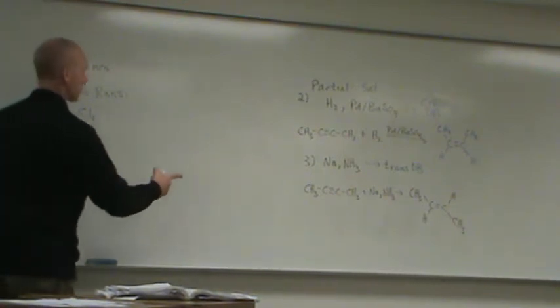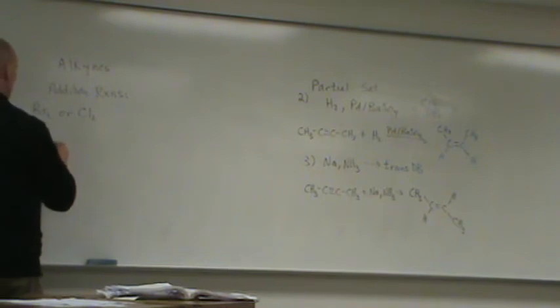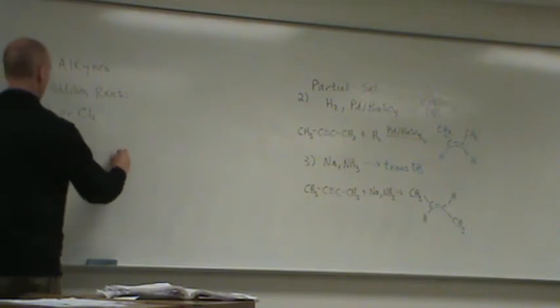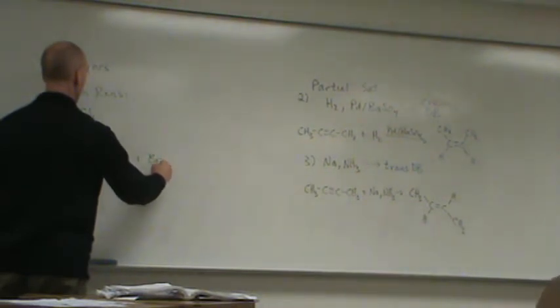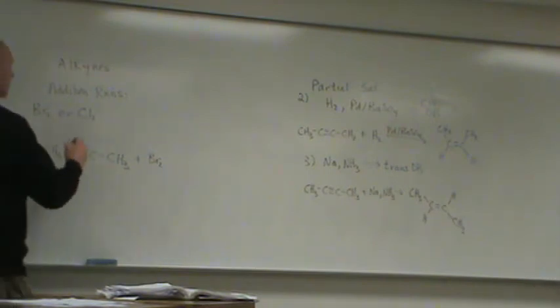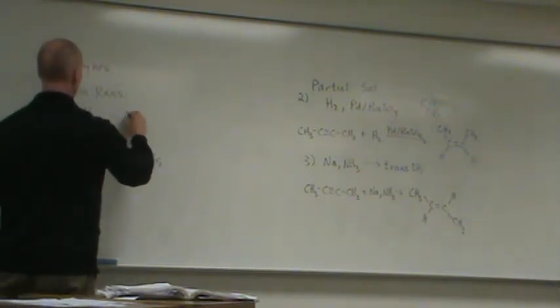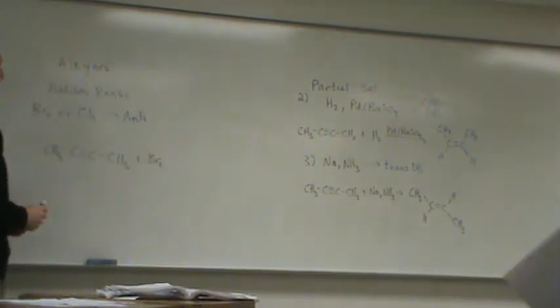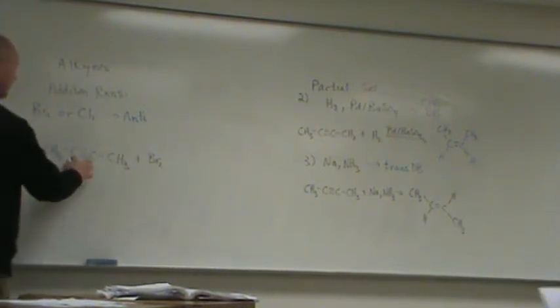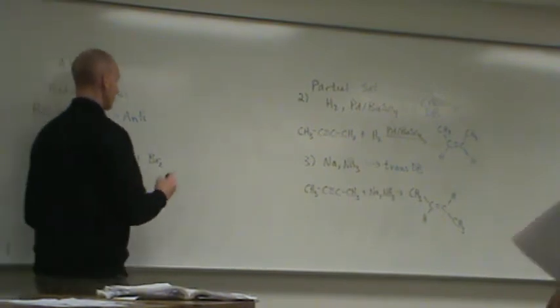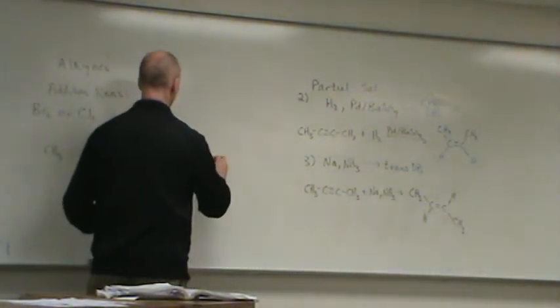So let's do an example. Let's stick with 2-butyne. And if we add one equivalent of bromine, it adds anti to the triple bond to convert it to the double bond.